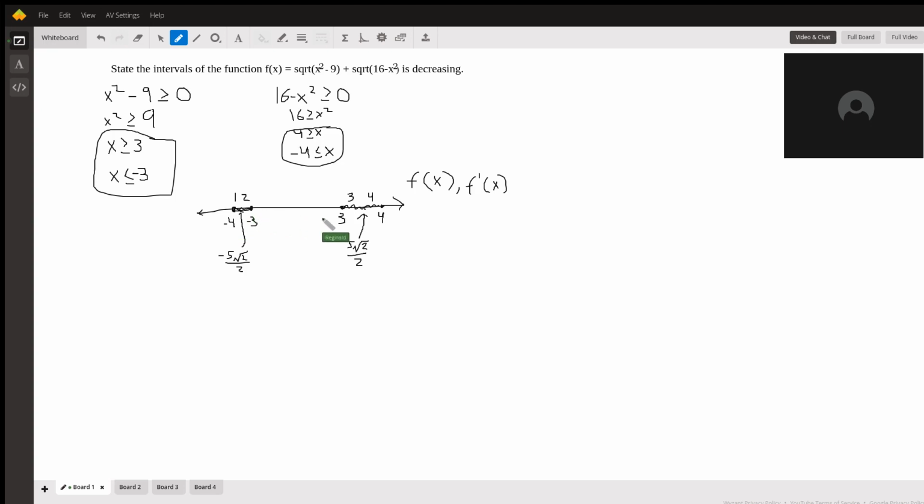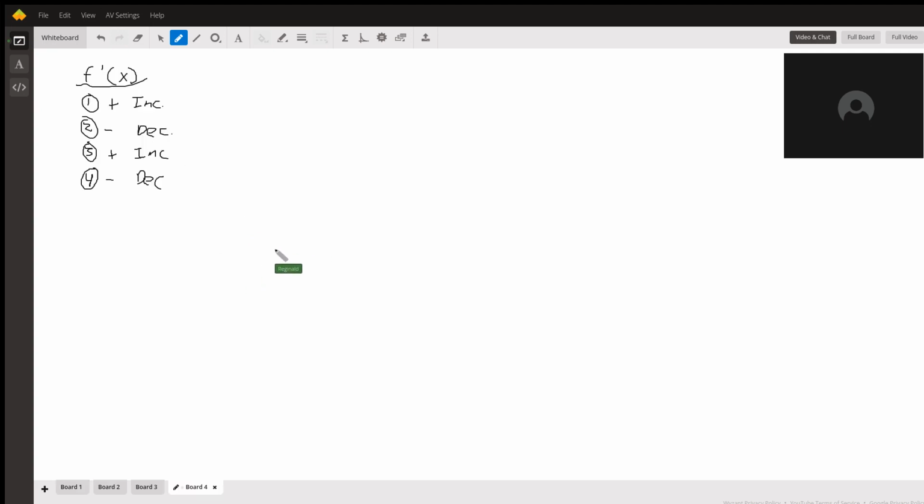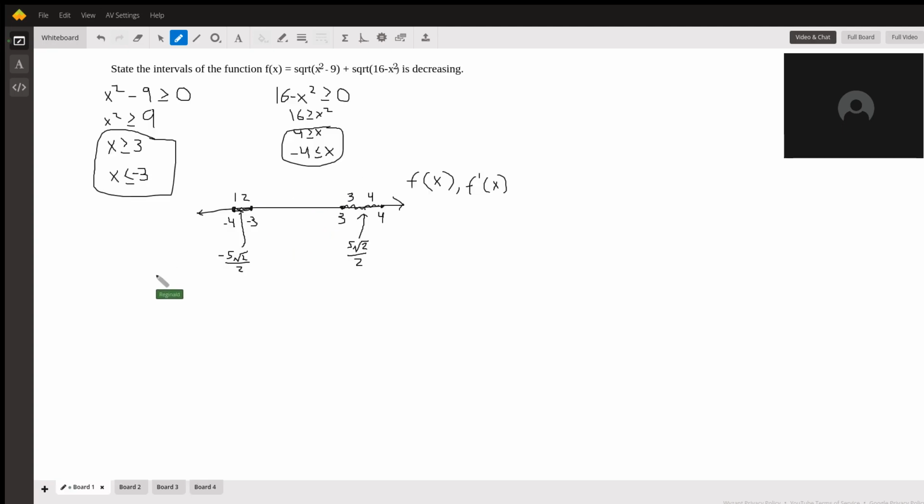Interval 2 was negative 5 root 2 over 2, comma, negative 3. We're going to use a union. 5 root 2 over 2, comma, 4.